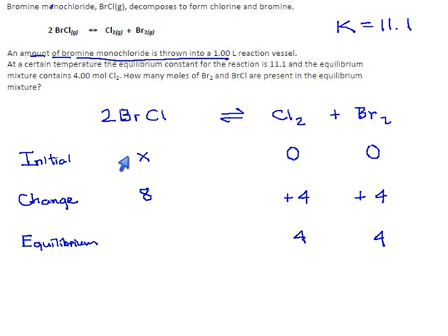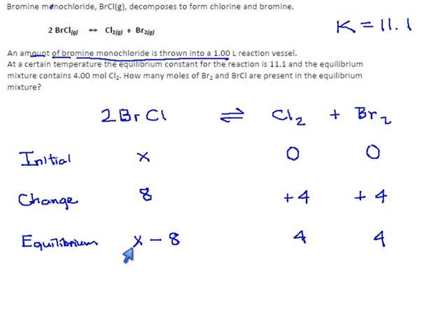And if we started with a certain amount of this and then we used up 8 of it, sadly I can't finish this part yet, but we can say x minus 8 at least, just to have some kind of expression for the equilibrium amount. So that's our table all filled in.